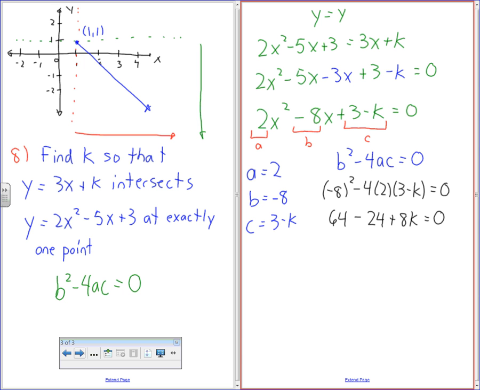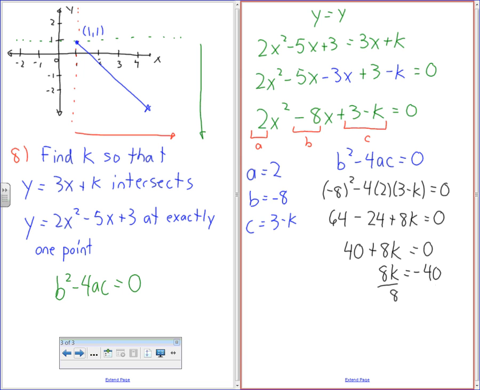Austin, how are we doing? Okay. Austin, since you gave me a thumbs up, can you tell me what 64 minus 24 is, please? 40. I got someone quiet that would never raise their hand. Robin, can you solve for k for us, please? Okay, and?